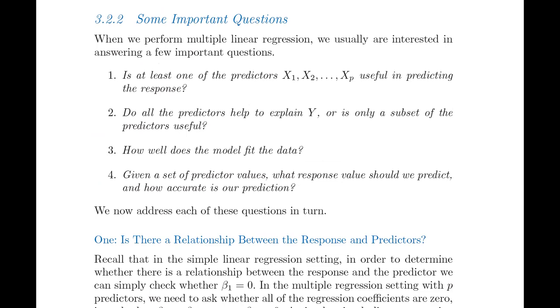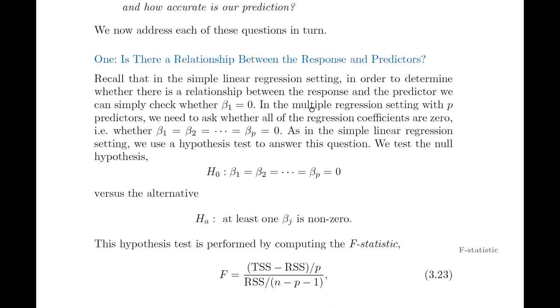This is where we saw that maybe the newspaper expenditure isn't that helpful. How well does the model fit the data? Given a set of predictor values, what response value should we predict, and how accurate is our prediction? Let's start with question number 1.